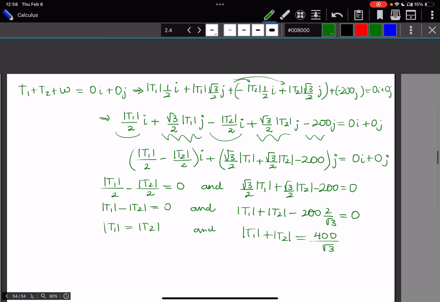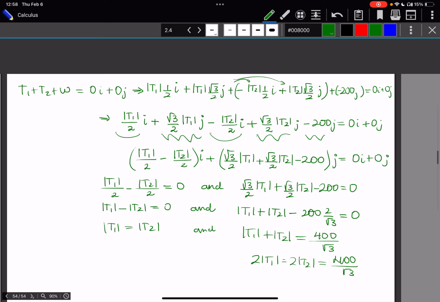But because the magnitudes of T1 and T2 are the same, when we add those magnitudes, that's the same as having twice the magnitude of T1 or twice the magnitude of T2. Same thing. Equals 400 over root of 3.